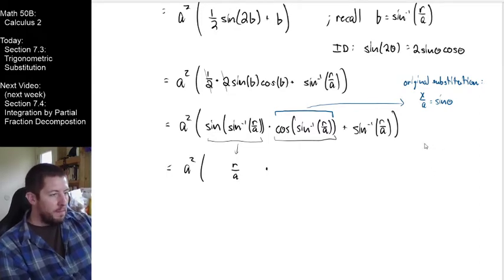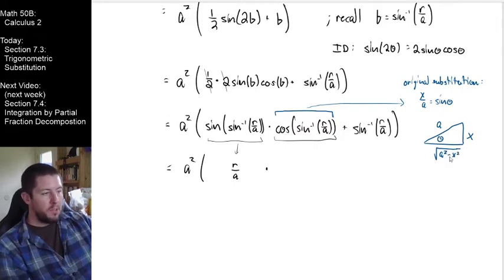And this is good because it helps me draw a triangle. This says sine is x over a. Sine is opposite over hypotenuse, so opposite over hypotenuse. And therefore, this will be a squared minus x squared down here. If you square this and add it to this squared, you just get a squared.